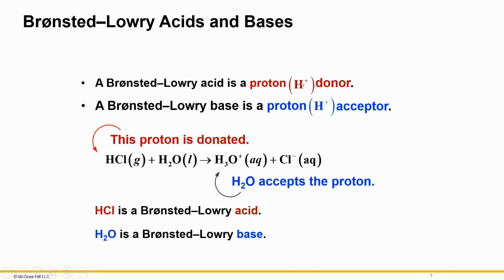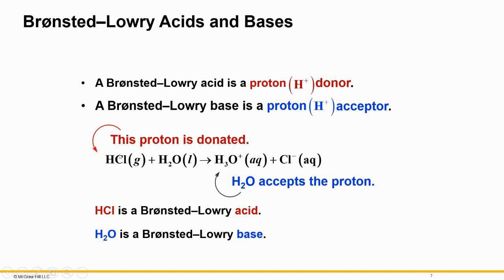Okay, those are interchangeable. So a Bronsted-Lowry acid is a proton donor. A Bronsted-Lowry base is a proton acceptor, donor and acceptor. So we just have to figure out in the chemical equation what is giving up the proton, the H+, and what is accepting the H+. So if we look here, we have HCl, and then over here it ends up as Cl-.